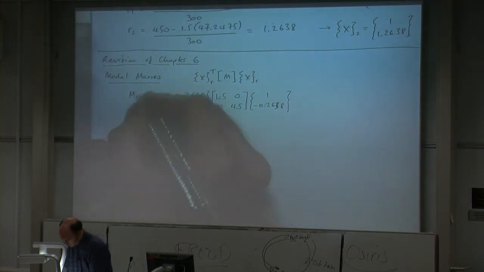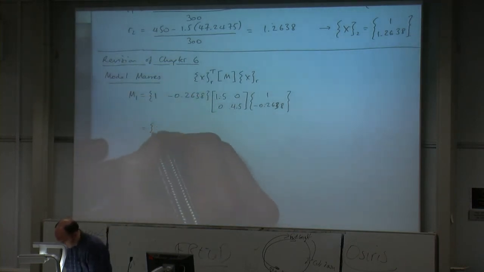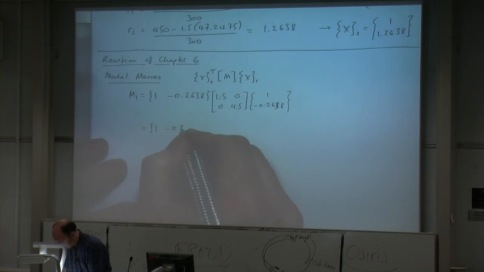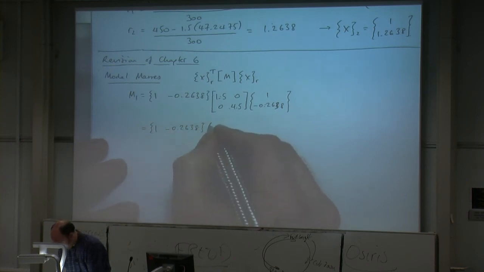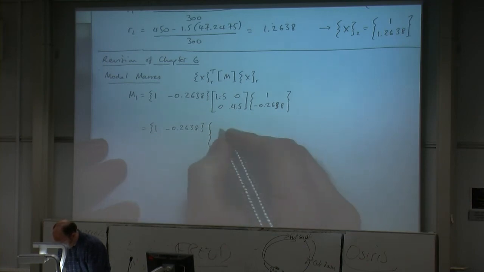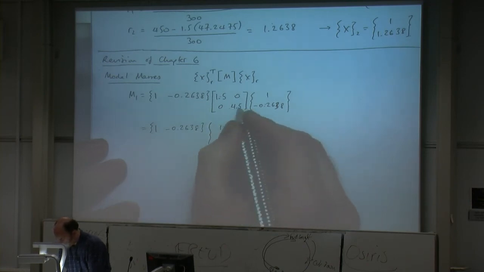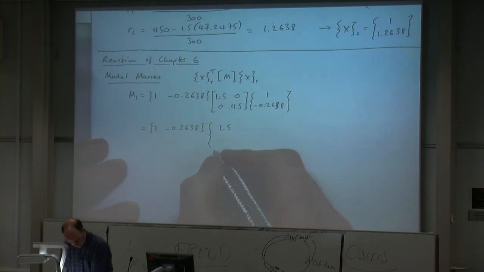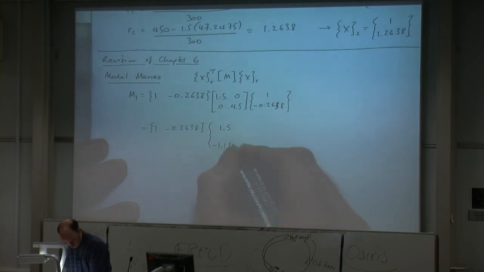So let's rewrite this: 1, minus 0.2638, and then a column vector of 1.5, and 4.5 times this value gives us minus 1.1871.